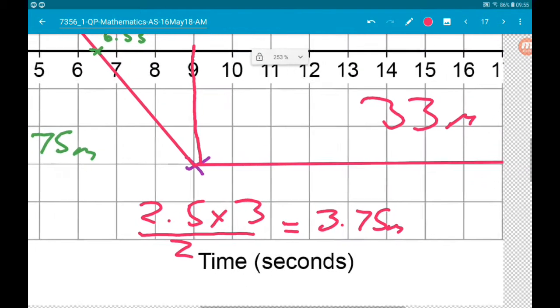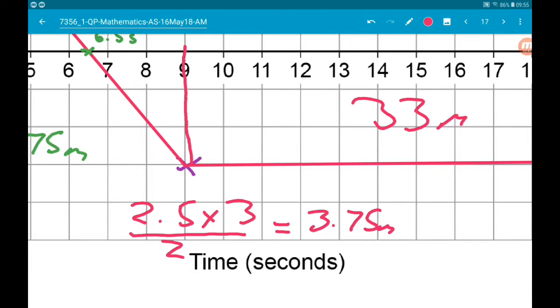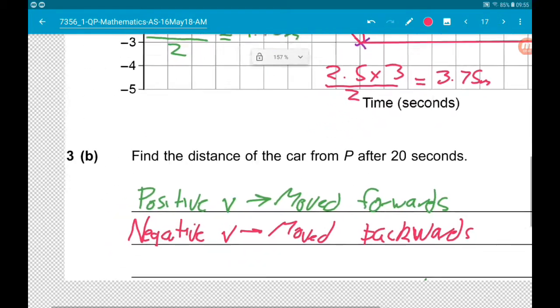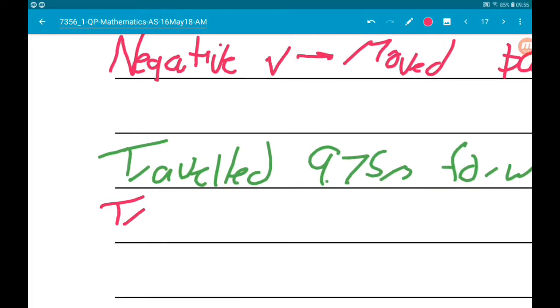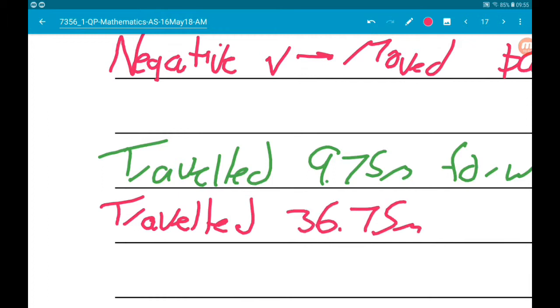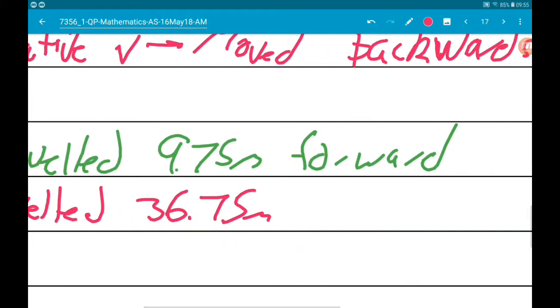So in total, we travelled 33 and 3.75 meters backwards. So we've travelled 36.75 meters backwards.